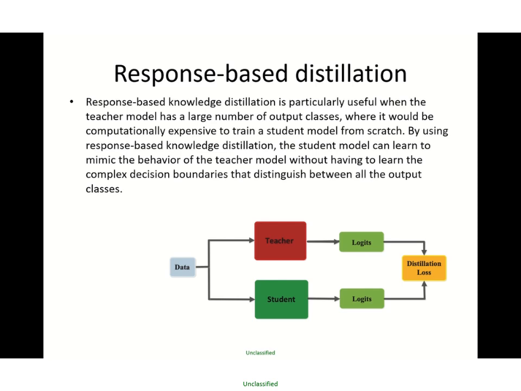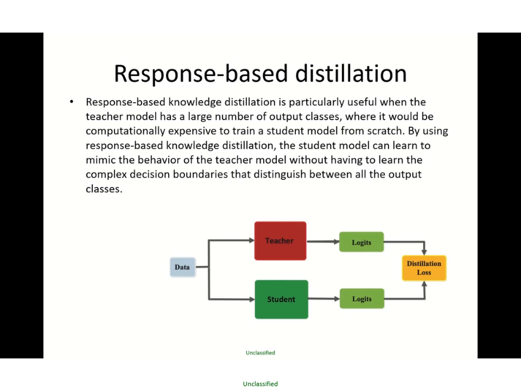From the visualization here, we have the teacher model and the student model, and we have the logits and the distribution loss. Now the logits are a computational function that is applied to the different models, the teacher model and the student model, and this computational function helps apply the screening on the data as it goes through the model.